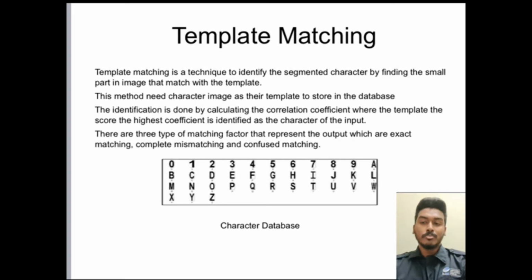There are three types of matching factors that represent the output: exact matching, complete mismatching, and confused mismatching. The database will be created in the coding of the system. However, due to some similarities in the characters, there might be some errors during the recognition.